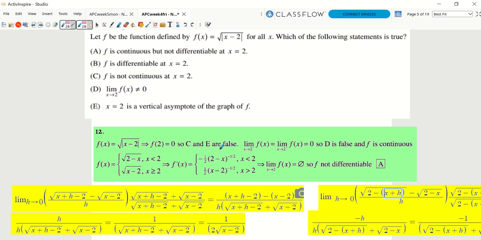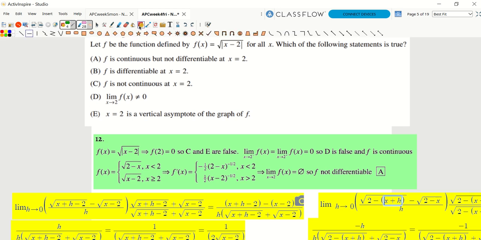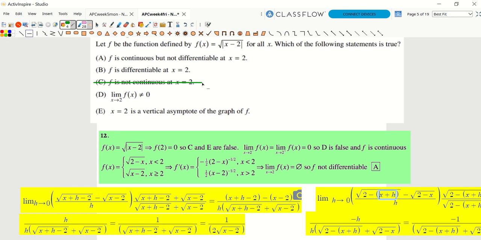C and E are obviously false because f of x is continuous at 2. If I plug in 2 into here, 2 minus 2 is 0, absolute value of 0 is 0, and square root of 0 is 0. So this f is continuous, so this is false. By the same logic, this is also false.